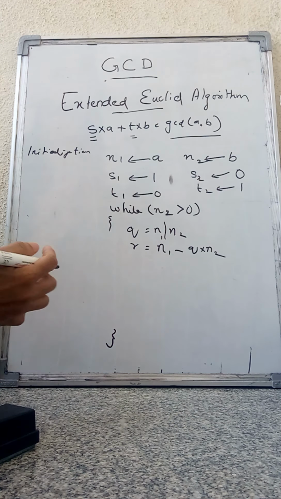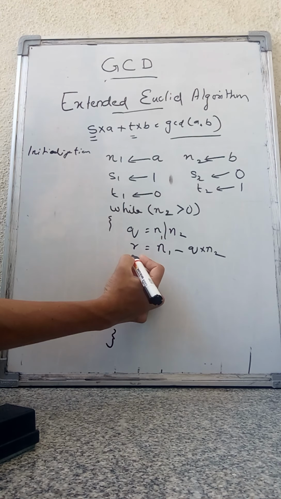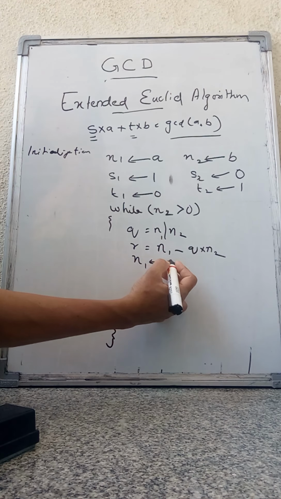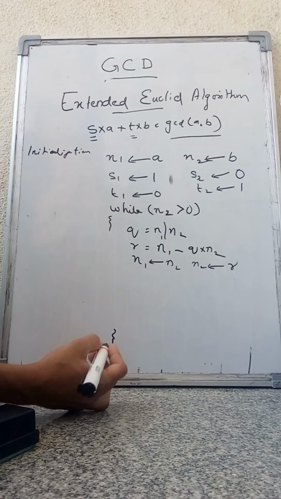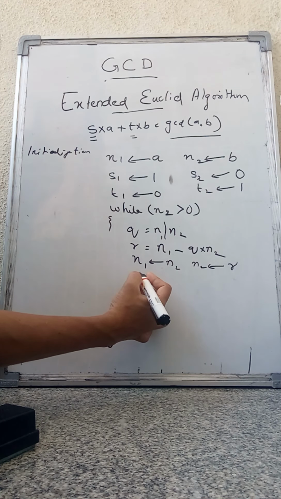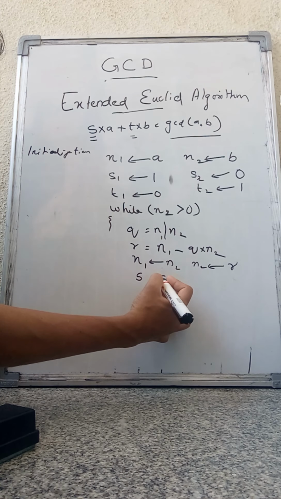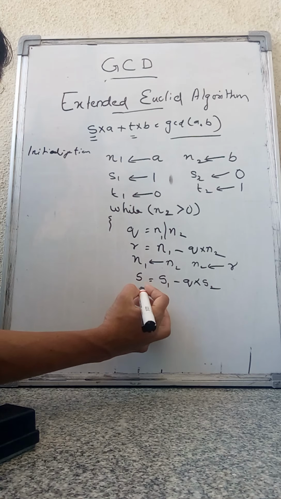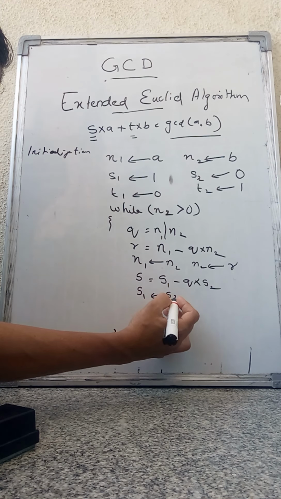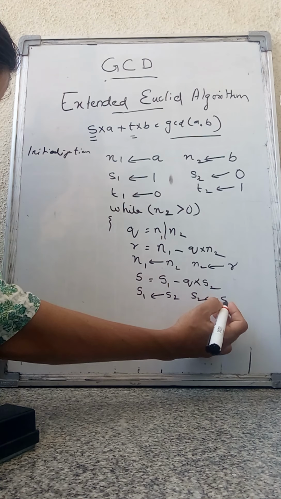Now the same assignment operation: n1 becomes n2, n2 becomes r. Similarly, you have to find first s is equal to s1 minus q into s2, then s1 becomes s2 and s2 becomes s.